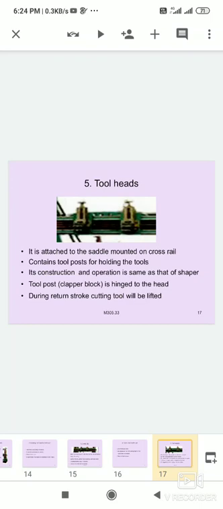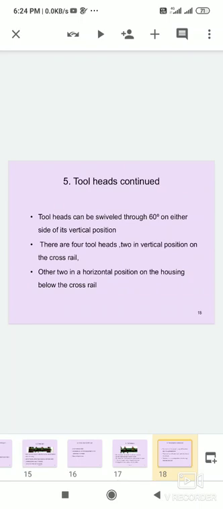The tool post, meaning the clapper block, is hinged to the head, so that on the return movement of the table the cutting tool will be lifted. Tool heads can be swiveled. Tool head can be swiveled through 60° on either side of the vertical position.